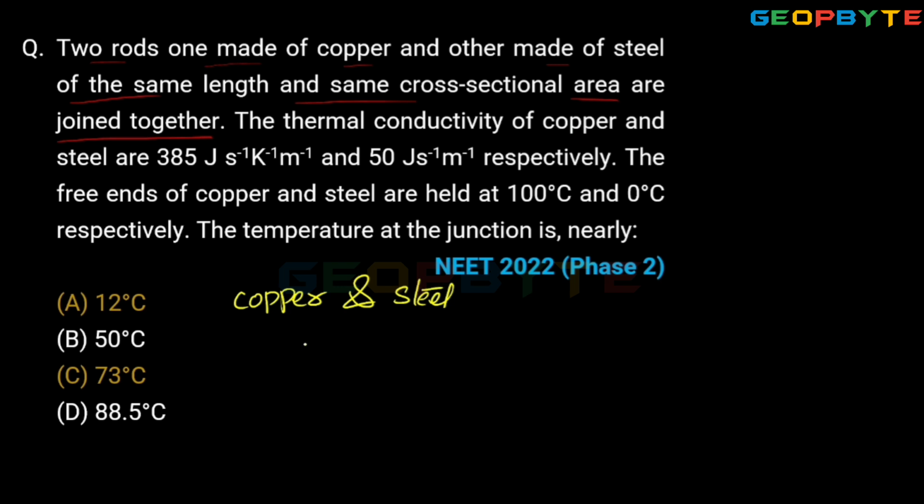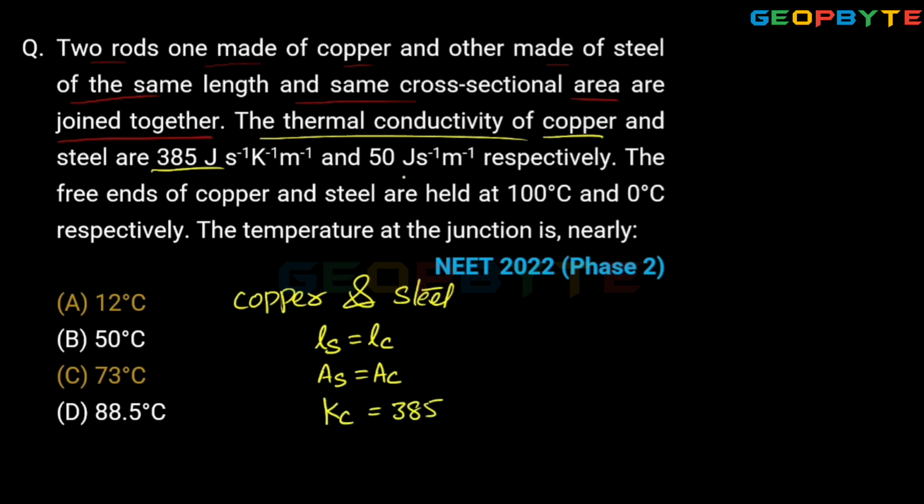Given that length of the steel equals length of the copper, and the area of cross section for steel equals area of cross section for copper. But thermal conductivity of copper is 385, whereas thermal conductivity of steel, that is Ks, equals 50. Both are joules per second Kelvin meter.